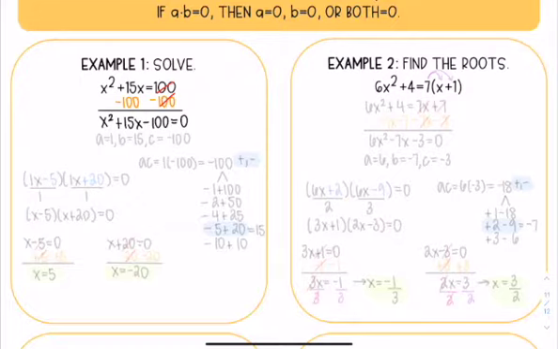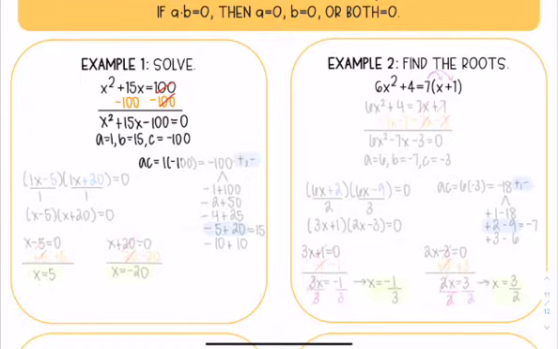Now from here, we're going to factor it so we can set each factor equal to 0. This is not one of our special forms, and so we have a is 1, b is 15, and c is negative 100. So let's go ahead and do the AC method.